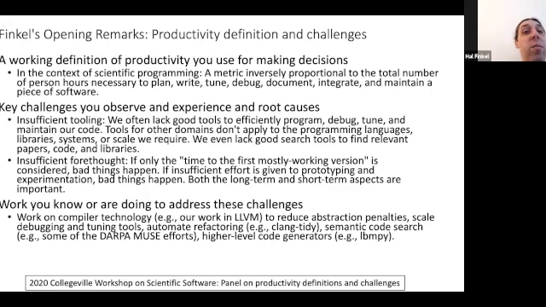So when I look at software productivity and how you define it, I view it very much in a time to solution sense. So from the point in time when you start planning a piece of software all the way through the end of life, does some piece of technology, some technique, some advancement help decrease the number of person hours necessary in order to accomplish any of the tasks in that whole life cycle?